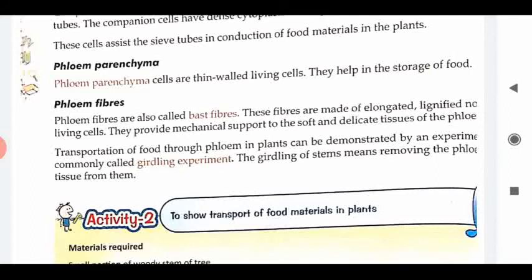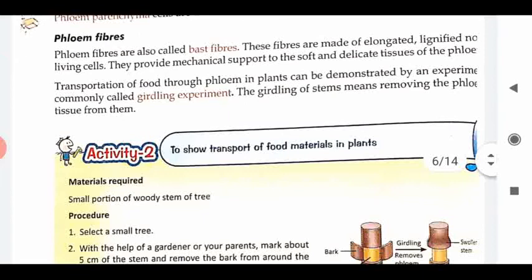When you remove the phloem from the plant body, you can recognize that the food cannot travel from one end to another. So this phloem fiber usually provides mechanical strength to the soft and delicate part of phloem.